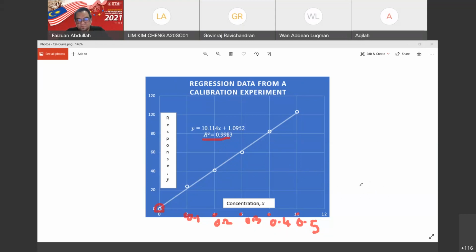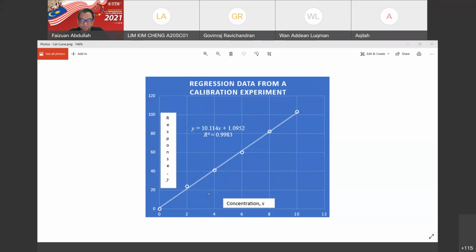For a linear equation, what is R square? Anyone? Correlation coefficient, right?